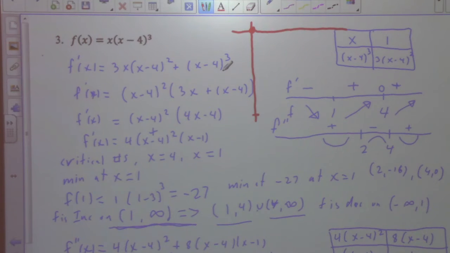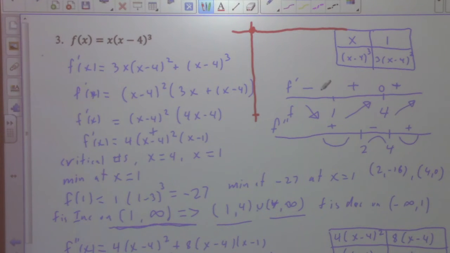It's easy to lose track, but what you look for is your number line. What's the first interval we see here? We see from negative infinity up to 1. And what do we have between negative infinity and 1?